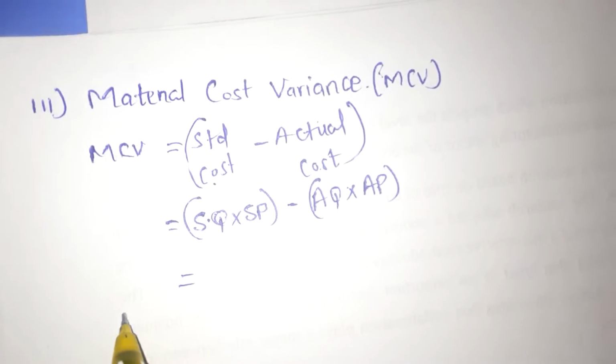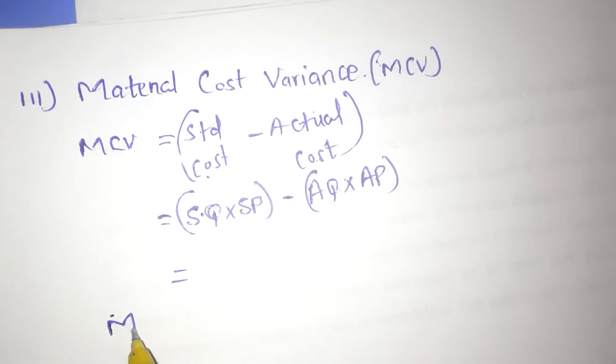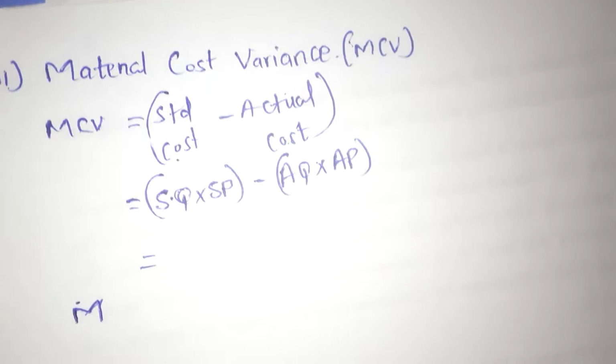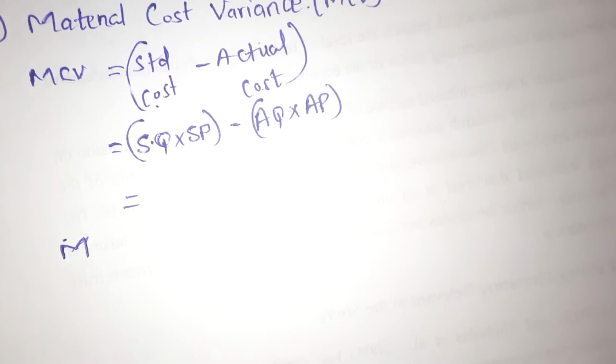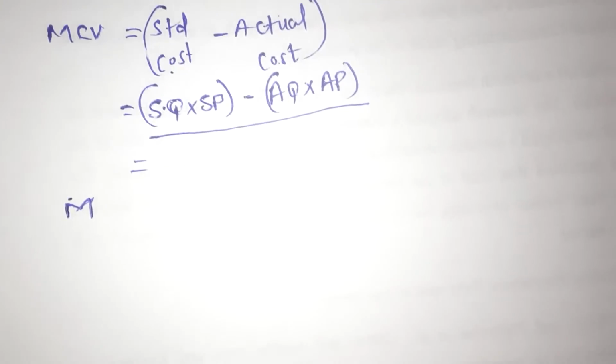Back to our question. So for the two materials, we are having material M. Material M in this case will be given by the formula. Remember, we're applying the same formula in all the two materials.